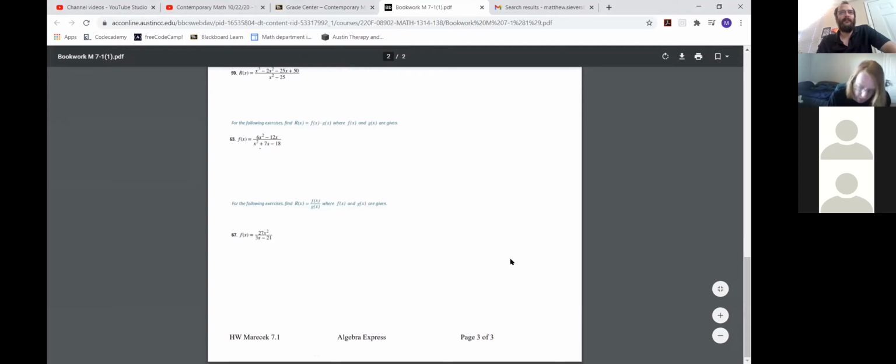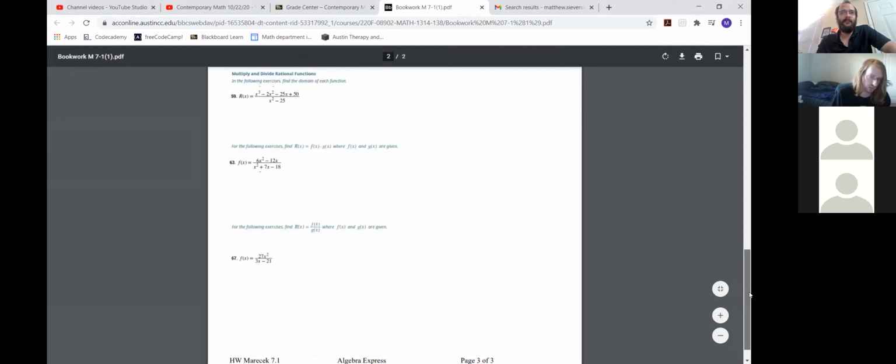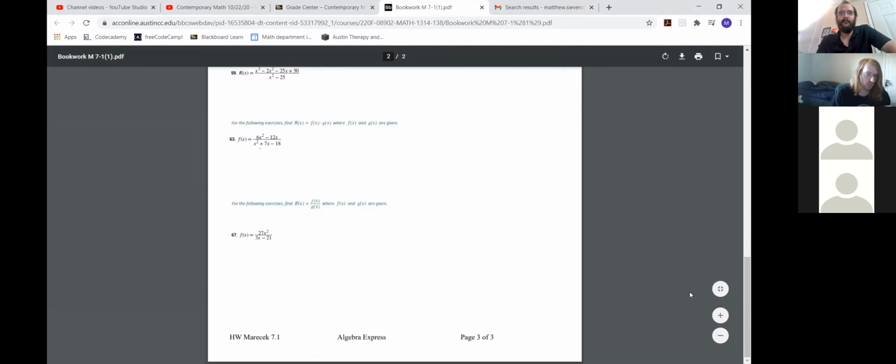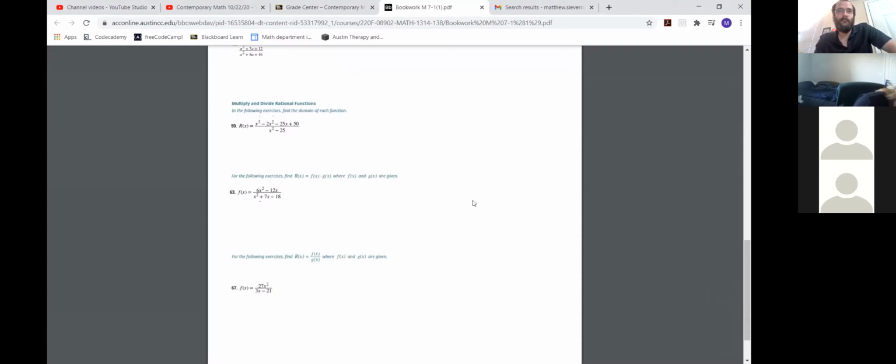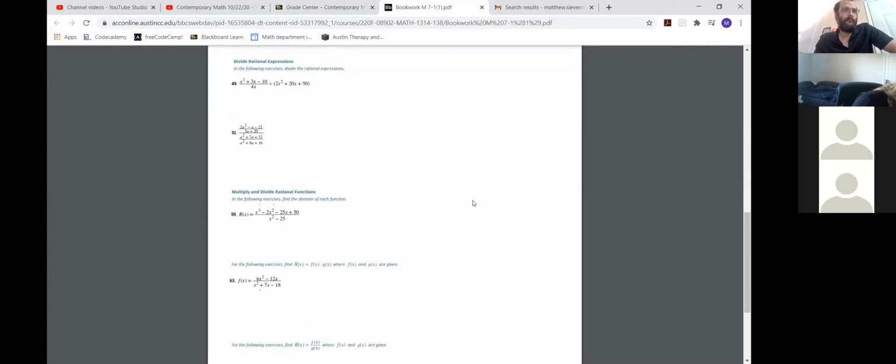67, she didn't give us G of X. Where'd she get G of X? So she wrote it down in the classroom for 67. G of X is 3x squared plus 18y over x squared plus 13x plus 42. And find the domain.